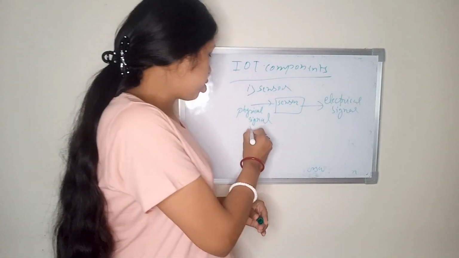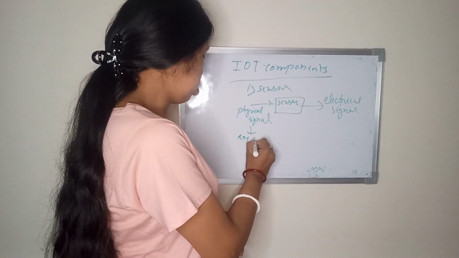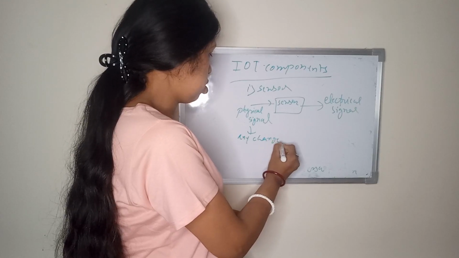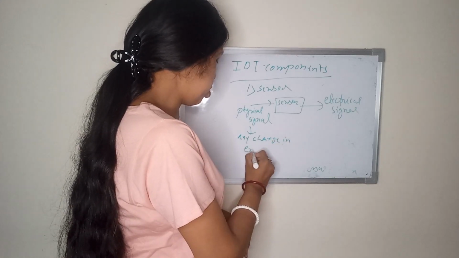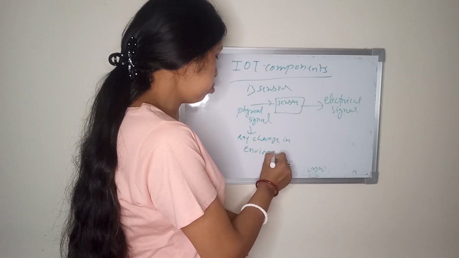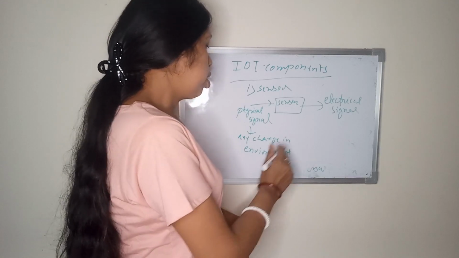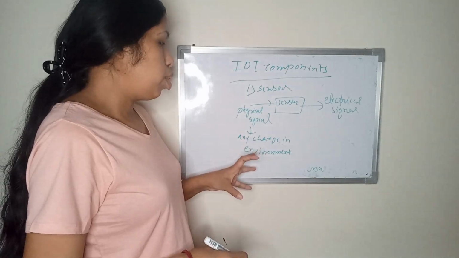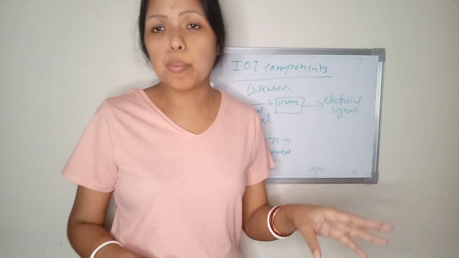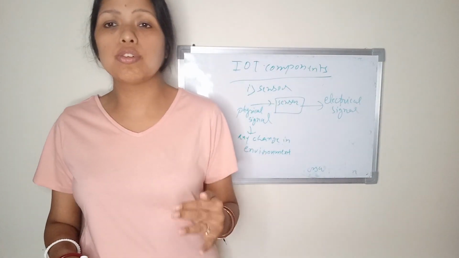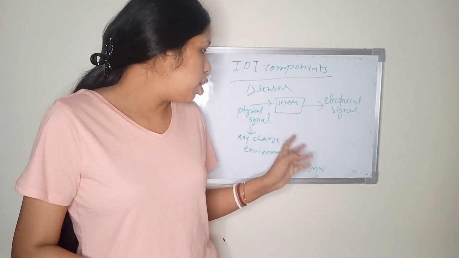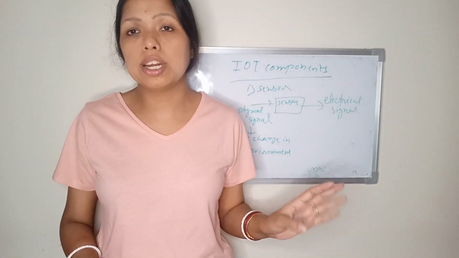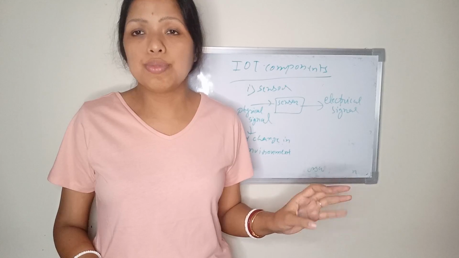Any change in the environment will be detected by the sensor. But the sensor, or any kind of computer system, does not know about the physical signal.